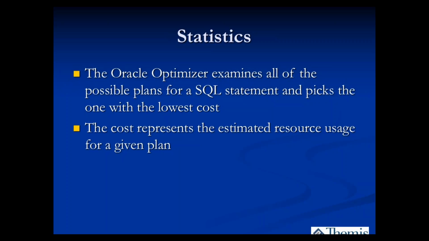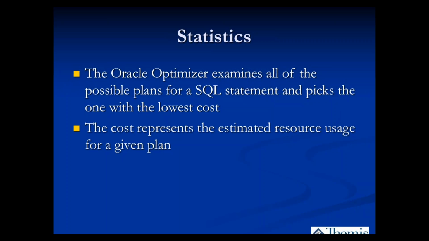We can see, based on the statistics and everything else that goes into the execution plan, the optimizer is going to come up with a cost. If any of you are used to running the execution or explain plan utility, either from SQL Developer or Toad or from SQL*Plus or wherever you're running it from, there's a cost associated with that execution plan.